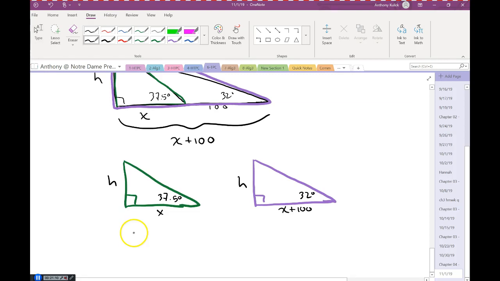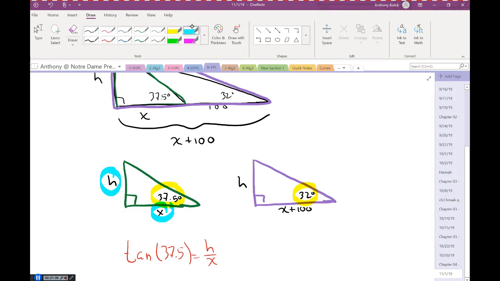So in this first triangle, if I focus on the 37.5 degree angle, I want to know about the opposite and the adjacent, so I'm going to use tangent. And similarly, in this right triangle I know about the 32 degree angle, so this is opposite and this is adjacent, so I will also use tangent.